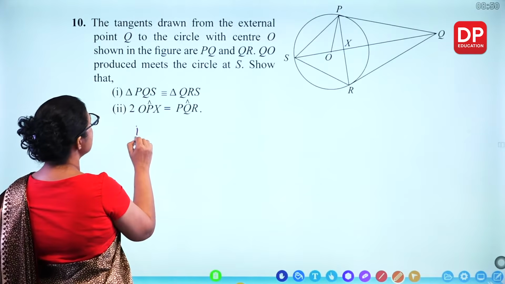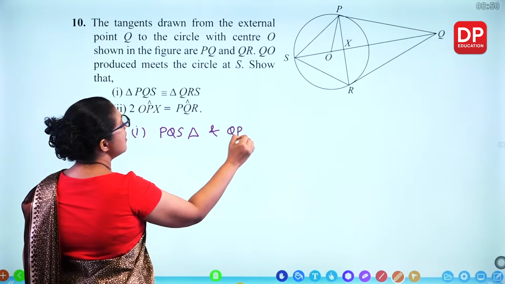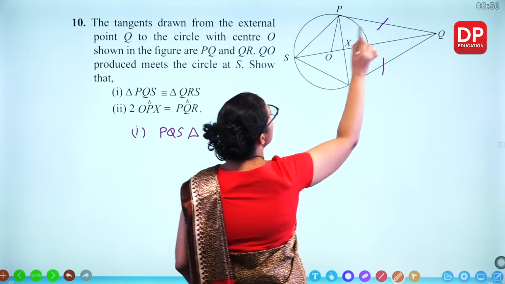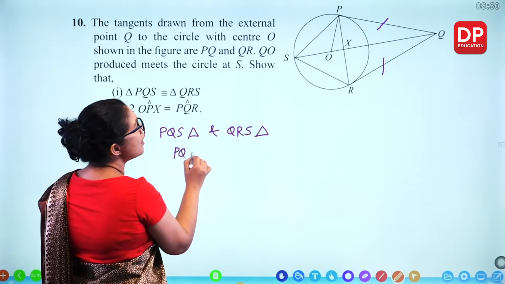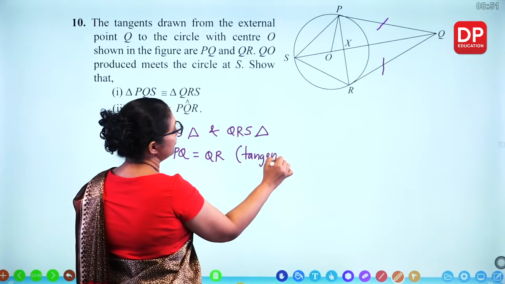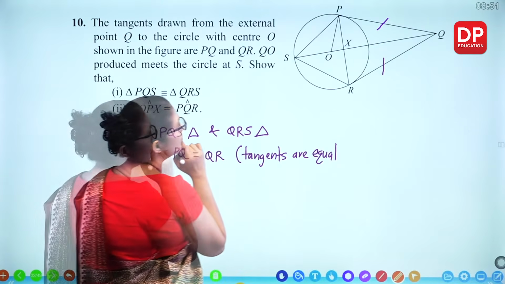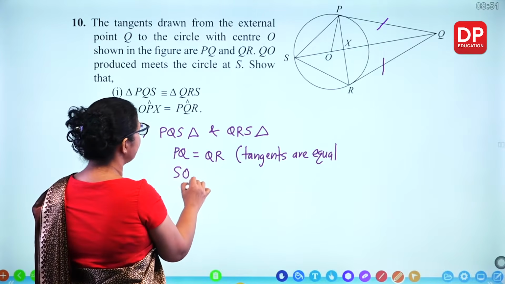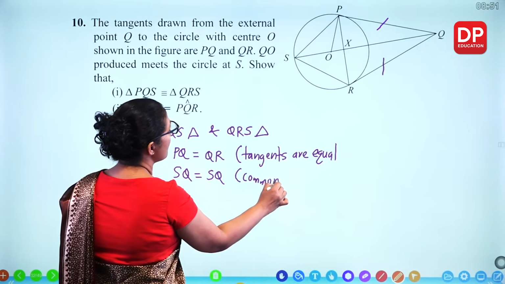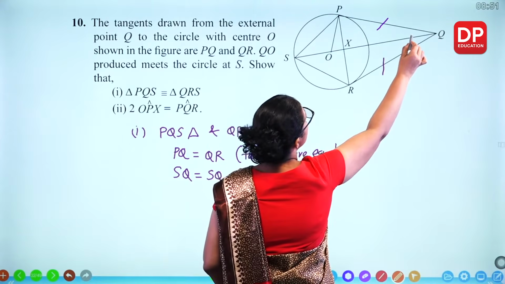We'll take the two triangles, triangle PQS and triangle QRS. We know that these two are equal. PQ is equal to QR. Tangents are equal. And SQ is common. This angle is equal.